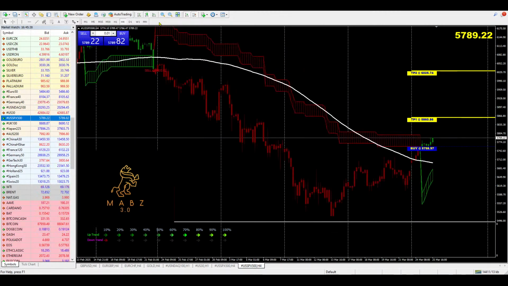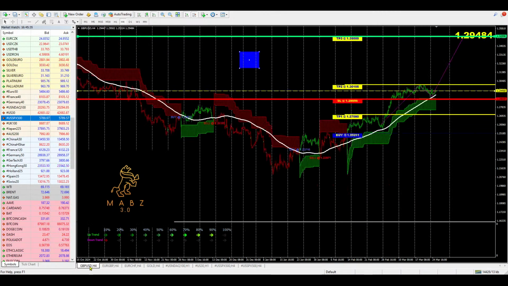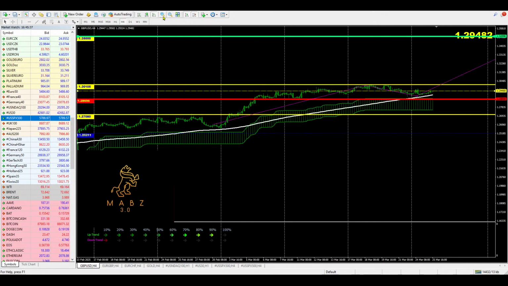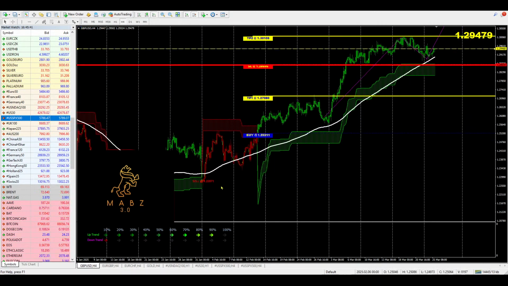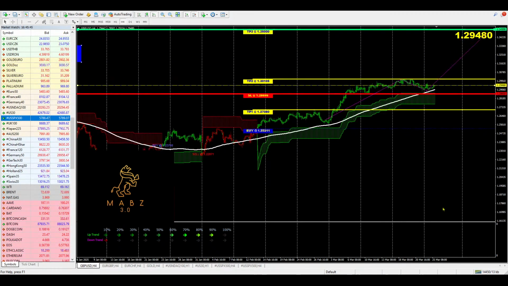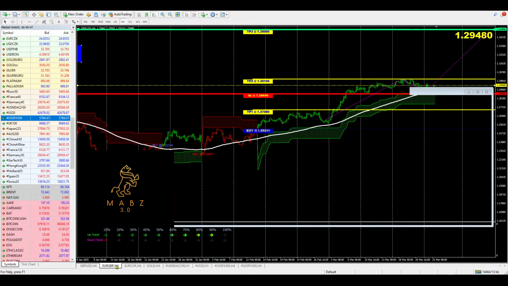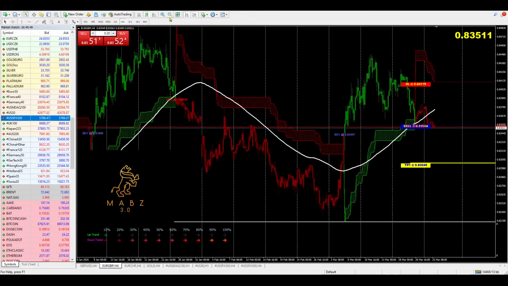Okay, so now let me rank. Let me just remind you guys what I found. I've got a trade on GBP USD on the H4 chart, buy towards TP2 and TP3. I've got a sell on Euro GBP.